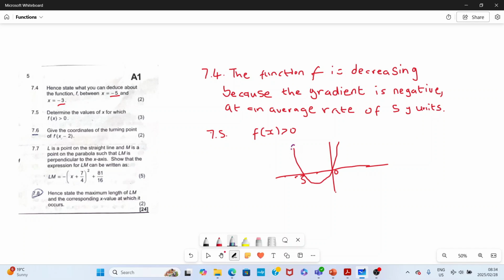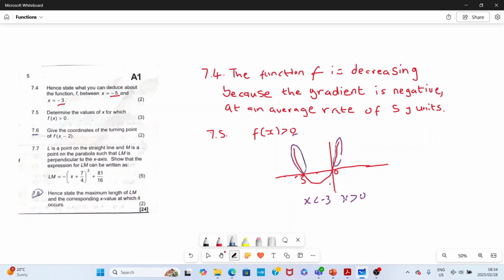You'll notice that this part of the parabola is above 0, because all the y values here are above 0. That is when x is less than -3. And if you look at this portion here, when x is greater than 0, the function is also above 0. All the y values that you get from here on the function would be greater than 0.